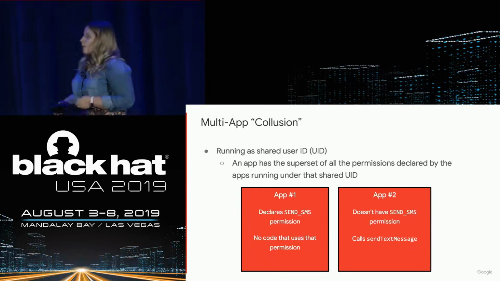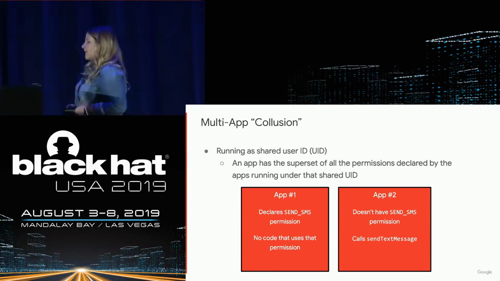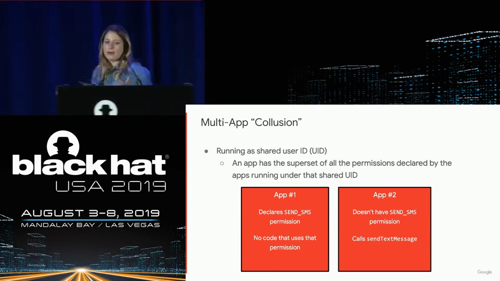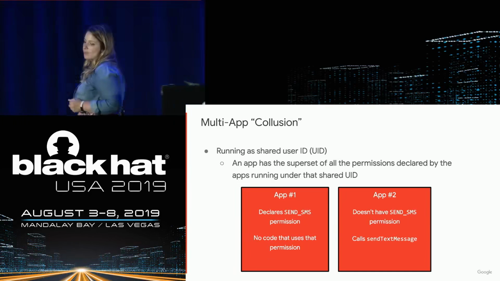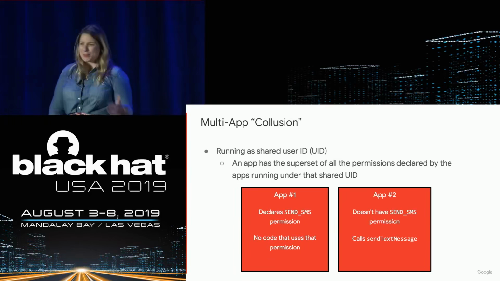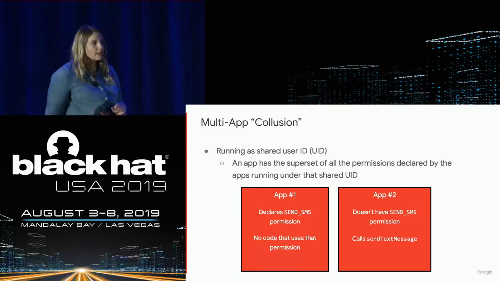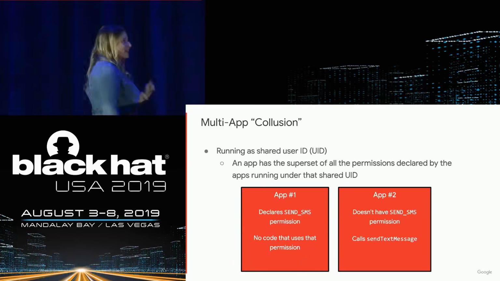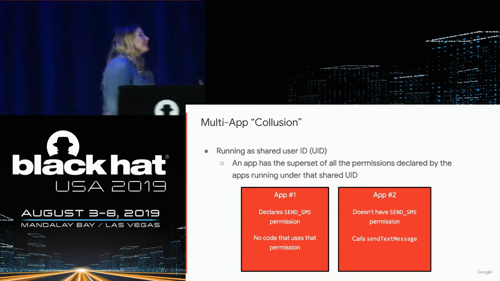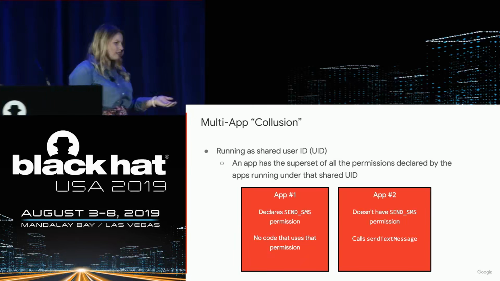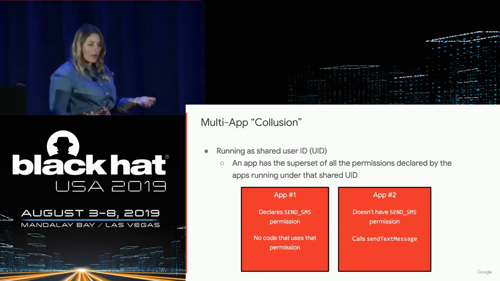Not good. But what we see is app number one, when we begin to analyze it, it declares that send SMS permission, but it doesn't have any code or API calls to actually send a text message. App number two, on the other hand, doesn't have the send SMS permission, but it does have API calls to send text message, which those API calls require.